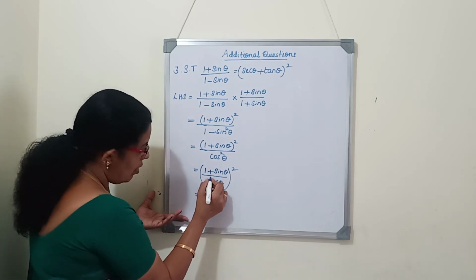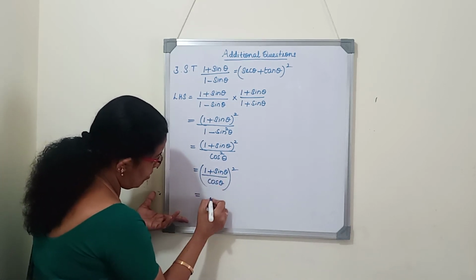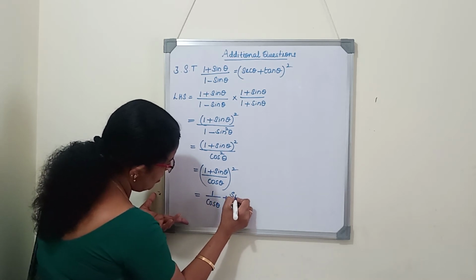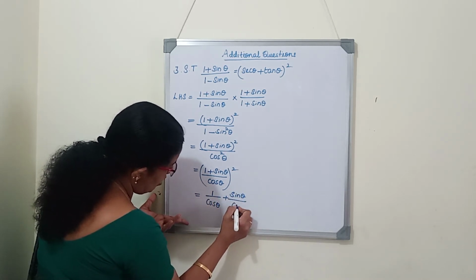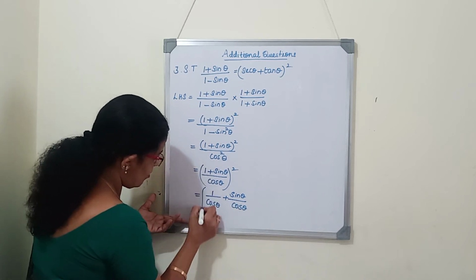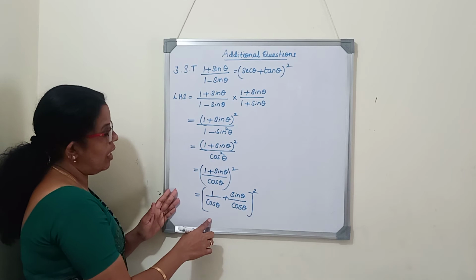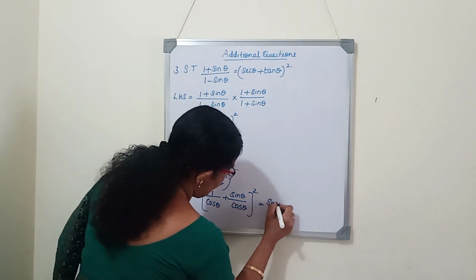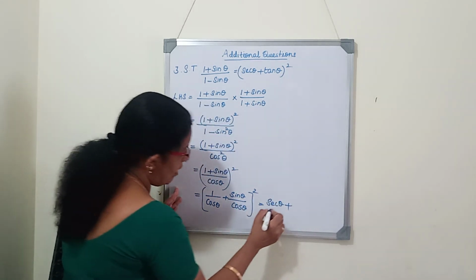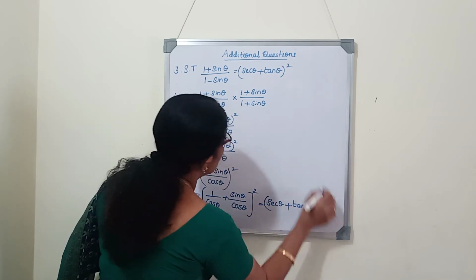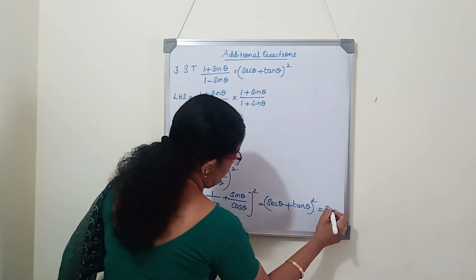Now I will separate the numerator inside the bracket, that is (1 by cos theta plus sin theta by cos theta) the whole square. Now what is 1 by cos theta? It is sec theta, and sin theta by cos theta is tan theta. So (sec theta plus tan theta) the whole square, and that is the answer.